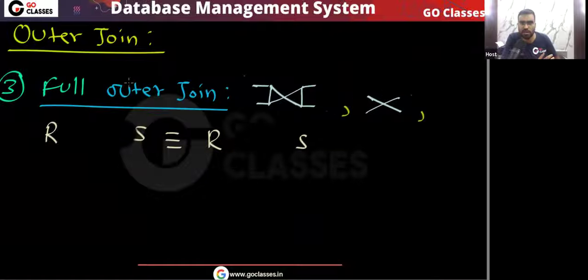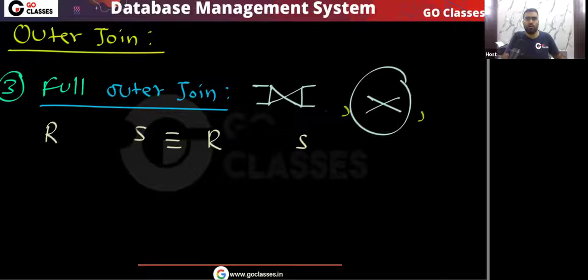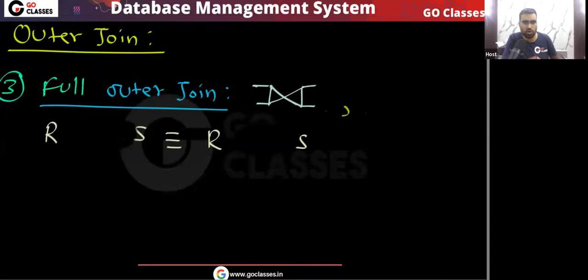Another symbol. Actually, for full outer join, they will not use this symbol because you will confuse it between cross product and this symbol. Don't worry about this. Or they will use this symbol and write O here.